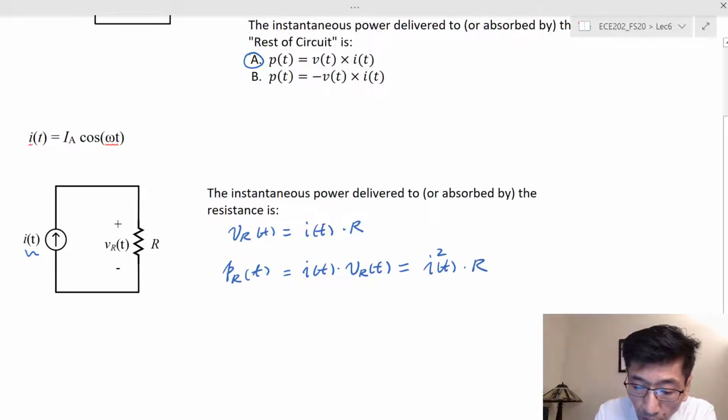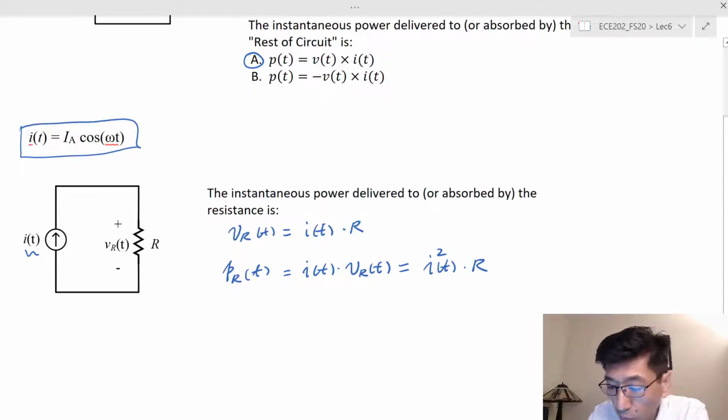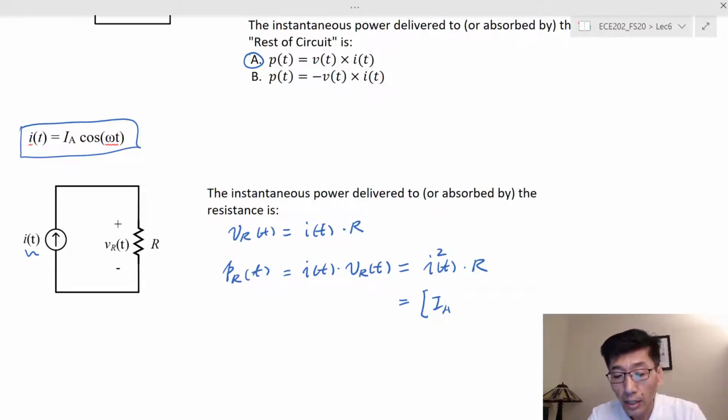If I have the current given in this form and substitute i(t) into this equation, that would be equal to I_A, which is the amplitude of that sinusoidal signal. By the way, this i(t) in this case is in steady state, right?